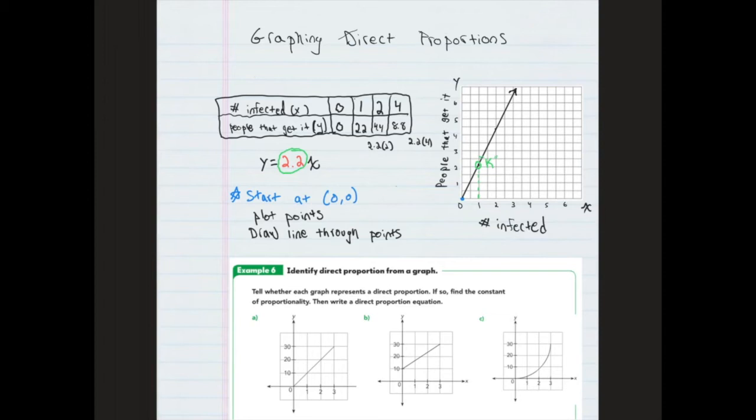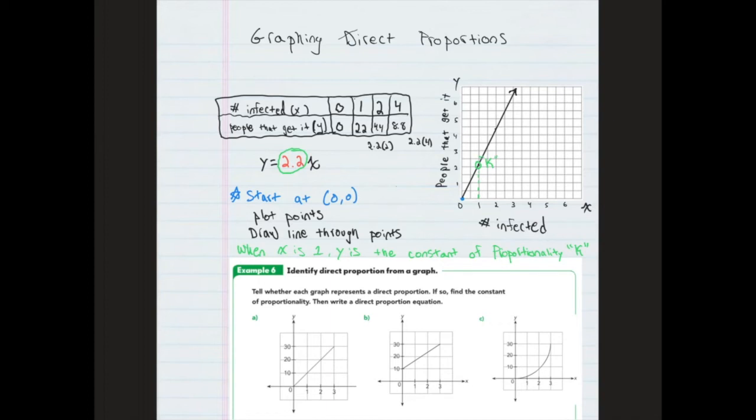So when x is 1, y is the constant of proportionality, which is also the variable k, because y equals kx.